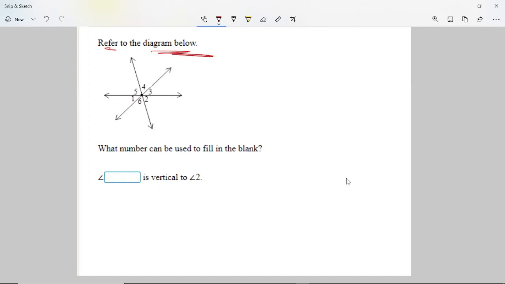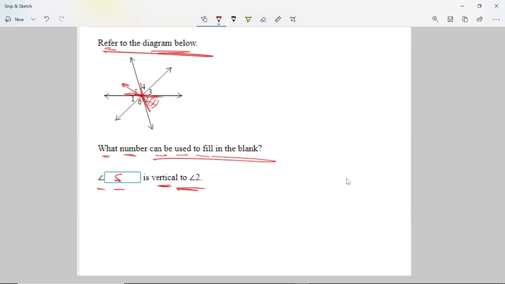Refer to the diagram below. What number can be used to fill in the blank? Angle blank is vertical to 2. So the vertical angle is the opposite angle to 2. Which one is the opposite angle? If I see this is the angle of 2, so the opposite is 5.